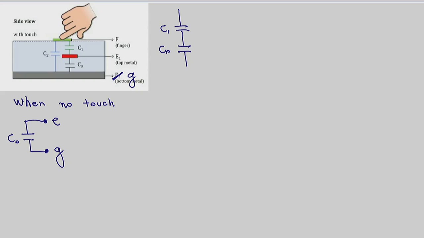Between C1 and C0, which nodes do I have? E, right? Okay. Then continue drawing our equivalent circuit for this model, and then we have the other capacitor that is formed between the two dielectrics there and the finger that we are calling C2.